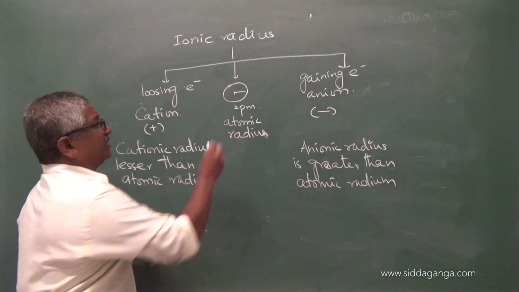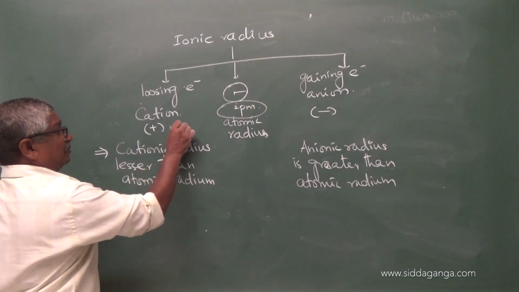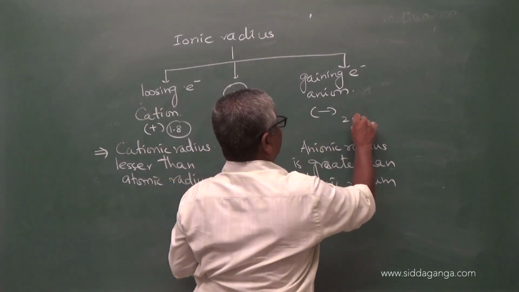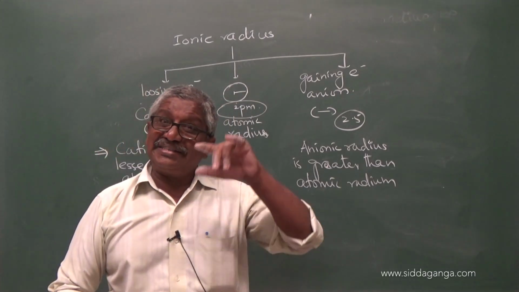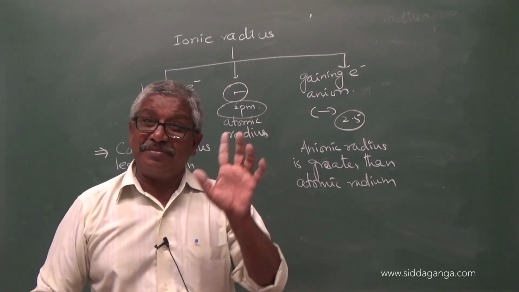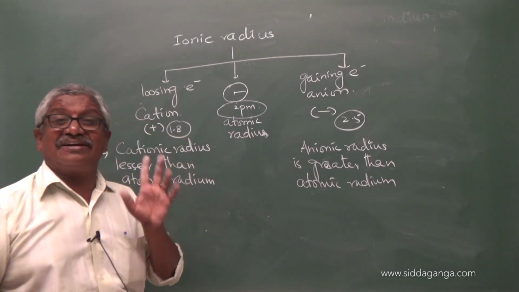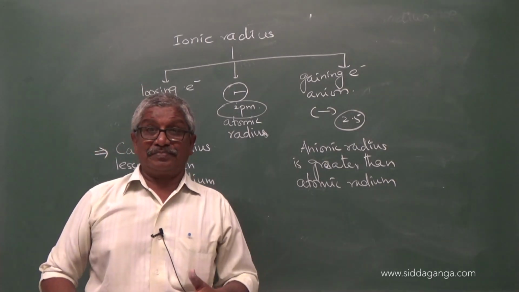Here I said it is 2 picometer. For example, the cationic radius will be 1.8, and this will become some 2.5. That means the anionic radius is greater than the atomic radius, and the cationic radius is lesser than the atomic radius. What is the reason behind this?